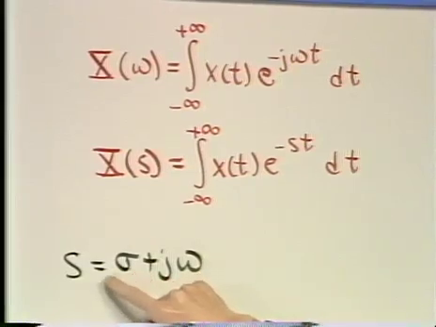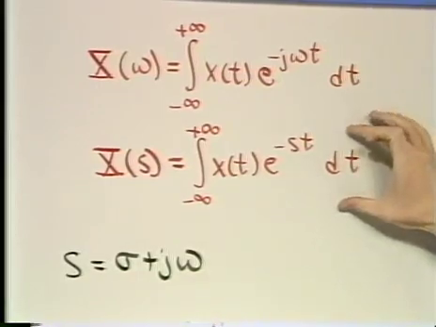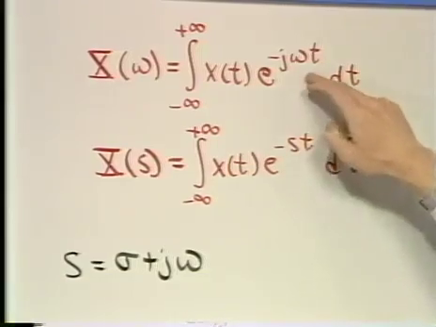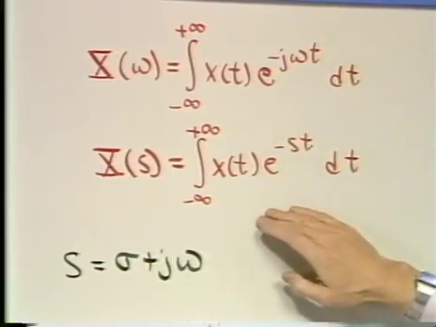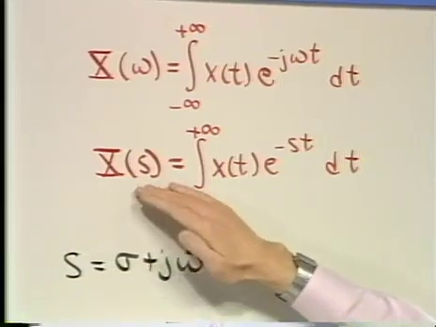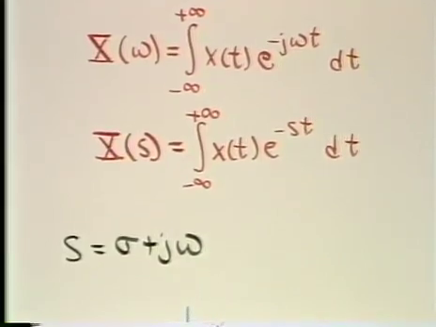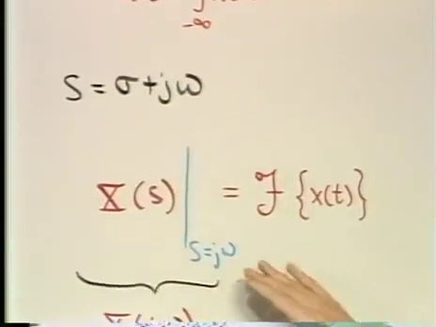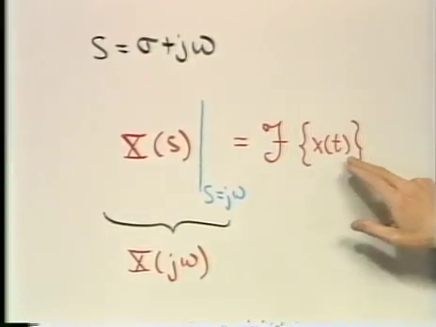If sigma is equal to 0 so that s is just j omega, then all that this transformation is the same as that. Substitute in s equals j omega, and this is what we get. So what this then tells us is that if we look at the Laplace transform at s equals j omega, then that in fact corresponds to the Fourier transform of x of t.